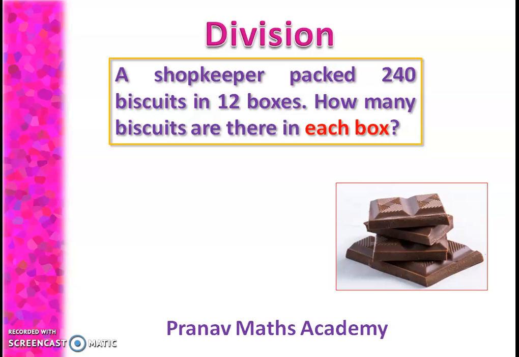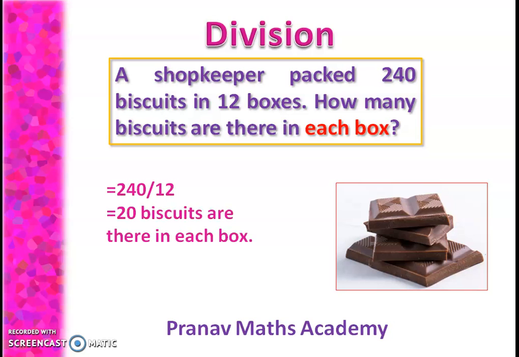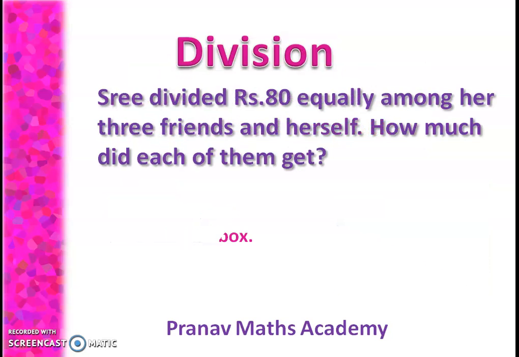A shopkeeper packed 240 biscuits in 12 boxes. How many biscuits are there in each box? Here the words each box identify it is of division. Therefore we have to divide 240 by 12. Therefore we get 20. There are 20 biscuits in each box.